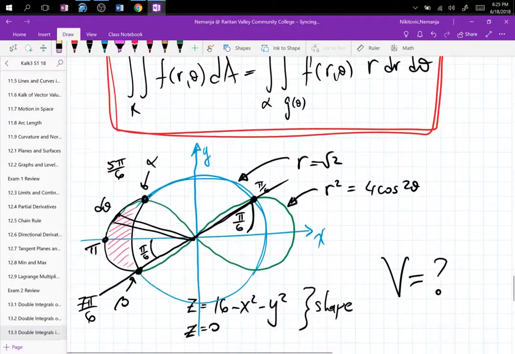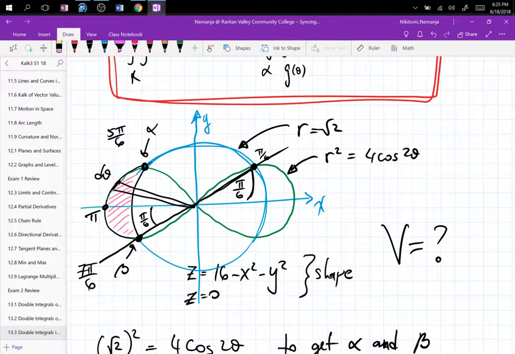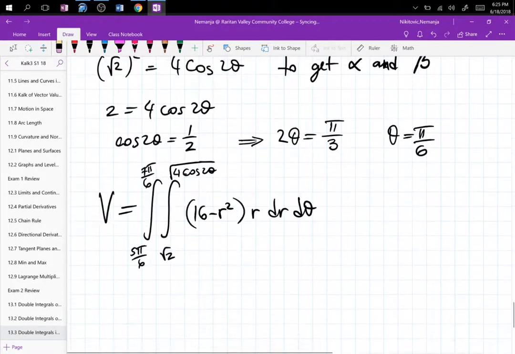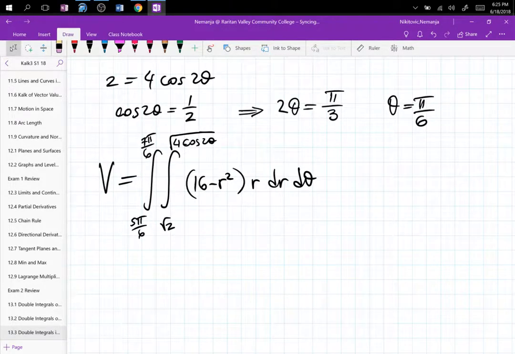Was that squared? No, it wasn't. Okay, good. And now integrate. Good luck.